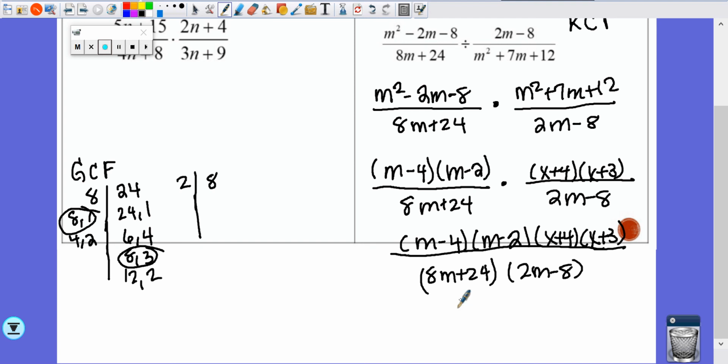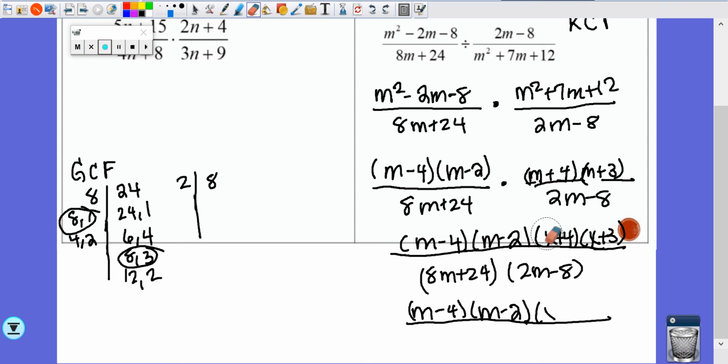So for this first one, I'm just going to write the numerator down. Oh, wait, guys. This shouldn't say X. This should say M. Sorry. Use the same letters that are in the problem. It's just natural for me to use X because most mathematicians use X. Okay, so forgive me. Make sure you use the same letters, guys.